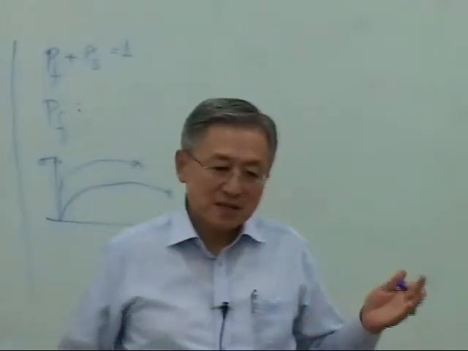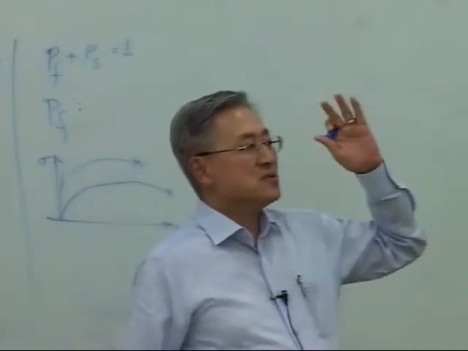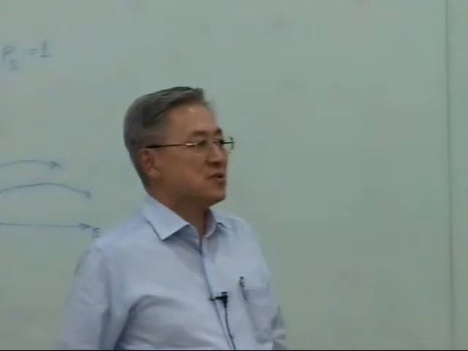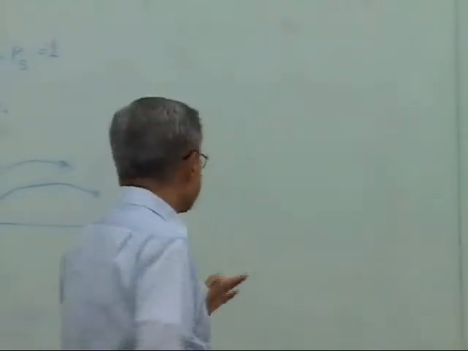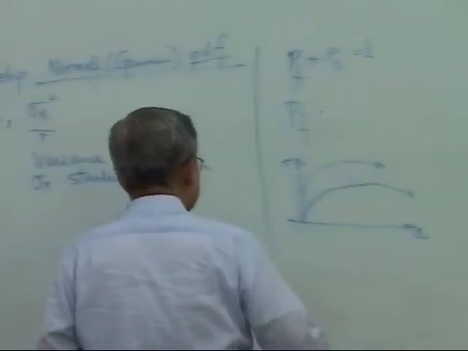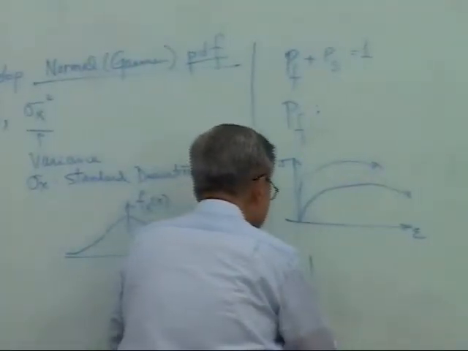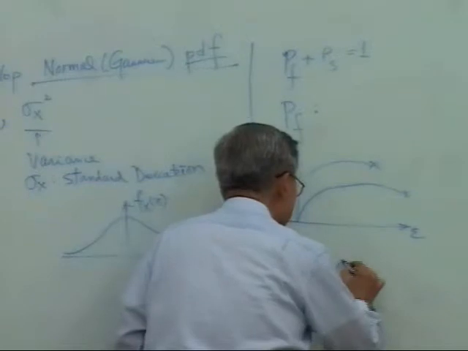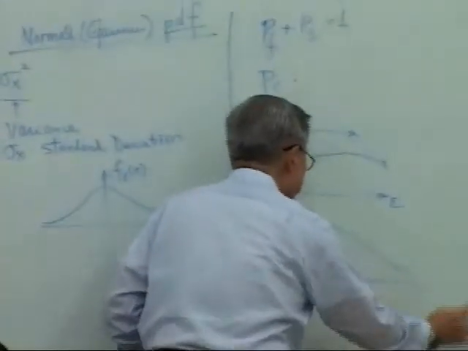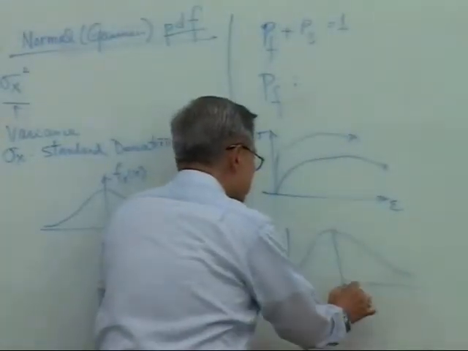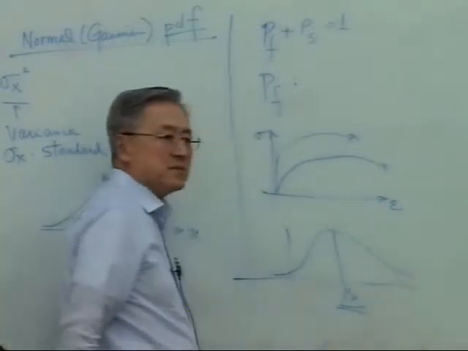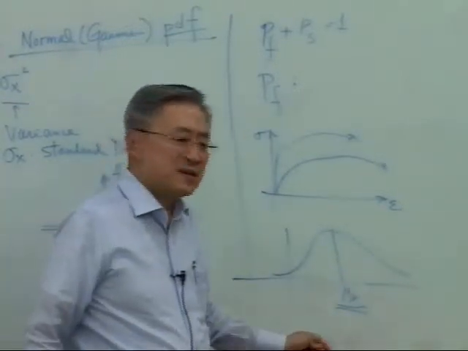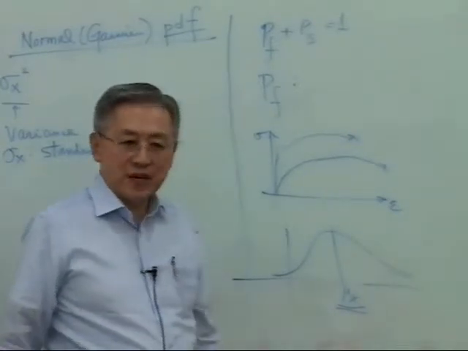So probability of failure is like the yield stress. You set the yield stress as 36 kpsi. That's not like, when you get the data set plotted, it could be right here is mu x. This 36 kpsi is not the mean value.